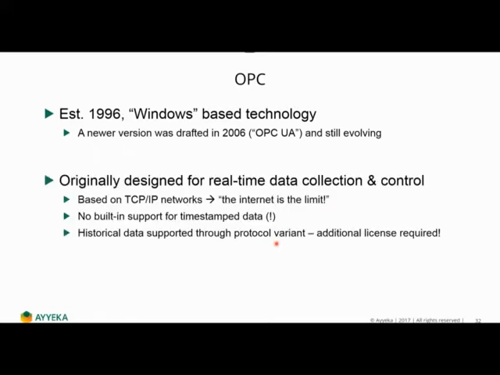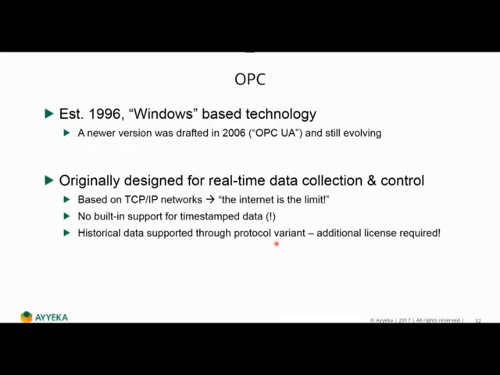OPC was originally designed for real-time data collection and control. It is designed for TCP/IP networks, so I would say the internet is the limit, right? You can take it everywhere. But again, classic OPC is not encrypted and should not be used over the internet. The new versions of OPC are better.